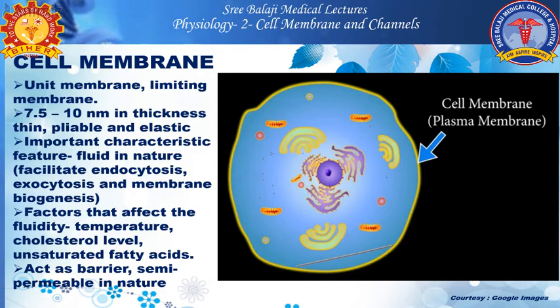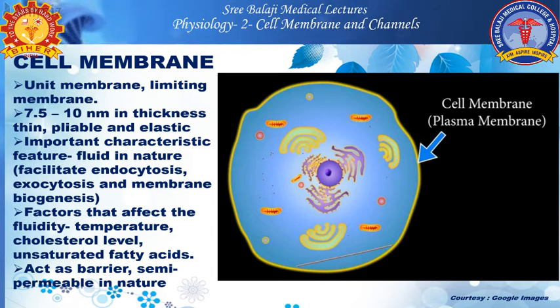Apart from this, it also helps in membrane biogenesis, which means that from the parental cells, the daughter cells will be formed. So let me tell again the characteristic features of the fluid nature of the cell membrane: it helps in the endocytosis process, the exocytosis process and membrane biogenesis.